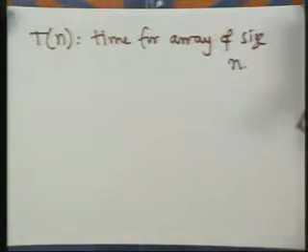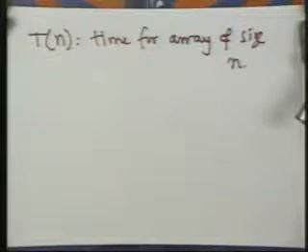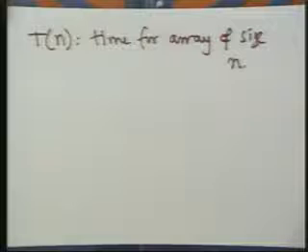By time again we'll focus on the number of comparisons, because even here every other operation is big O of number of comparisons. So if I can bound the number of comparisons, the total time is a constant times the number of comparisons. So please check this.